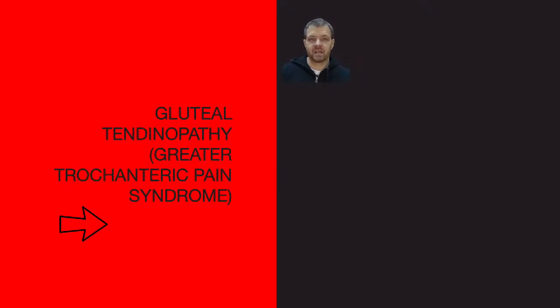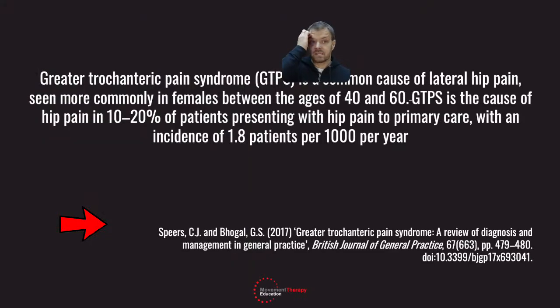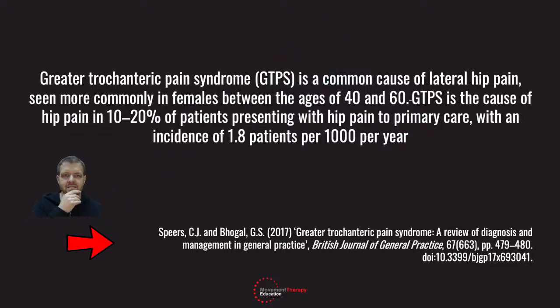So let's have a look at gluteal tendinopathies then. So there's a couple of things here from a lady called Alison Grimaldi. And she's a kind of leading researcher on gluteal tendinopathies, I think mainly lower limb tendinopathies.